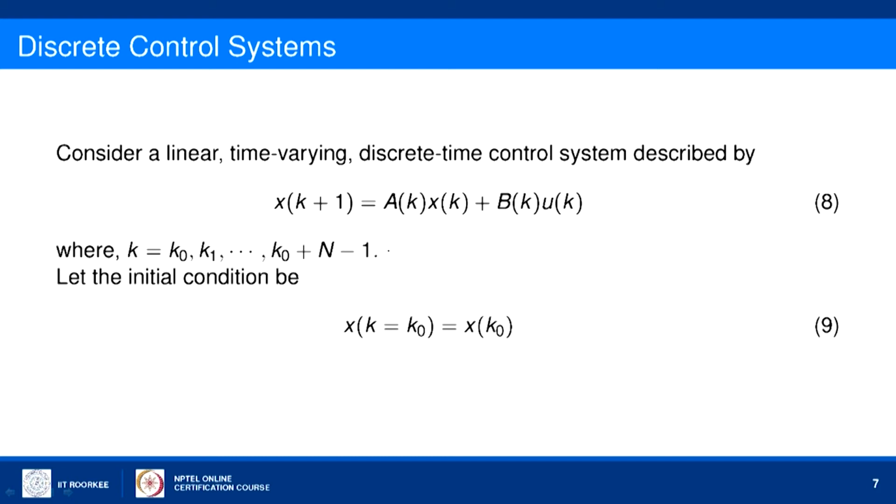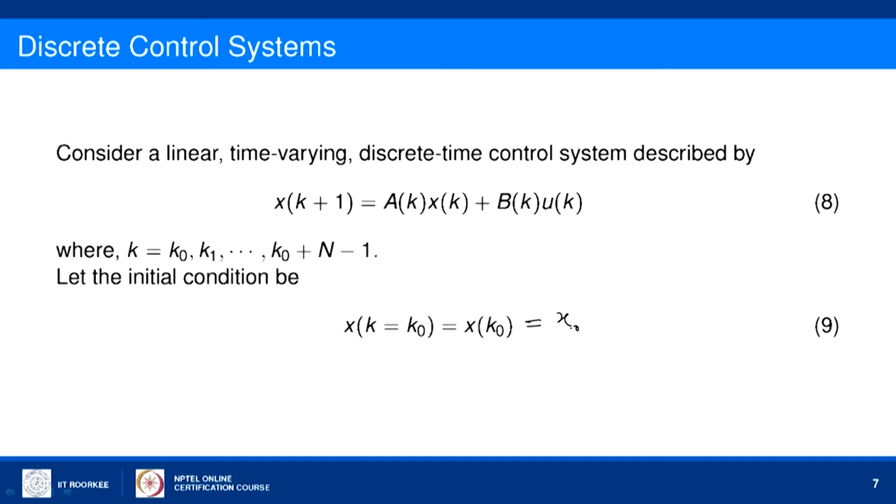These are the time instants at which we evaluate the control and the state of the system x of k, and the initial condition is given as x at k0 equal to x suffix 0.